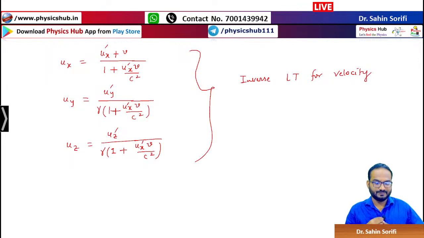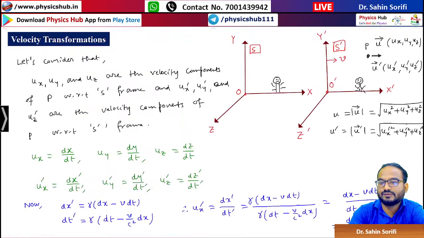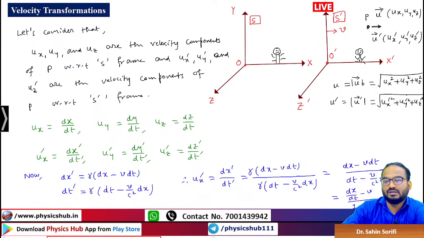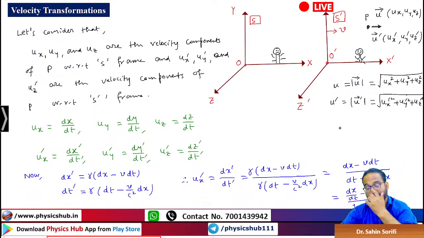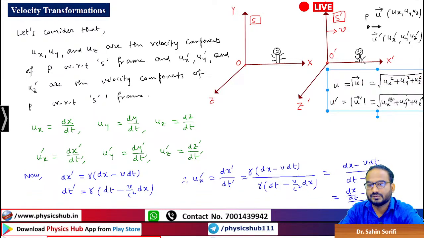Is it done, guys? Once you are able to find out the different velocity components, you can find out the magnitude of velocity using this formula. u is equal to square root of ux square plus uy square plus uz square, and similarly square root of ux prime square plus uy prime square plus uz prime square.